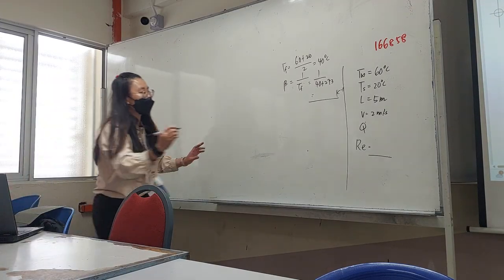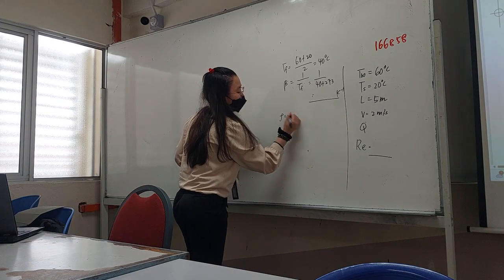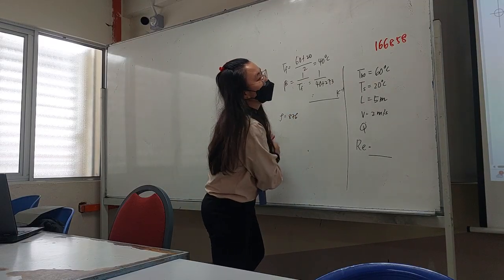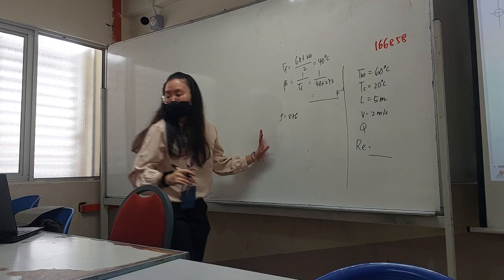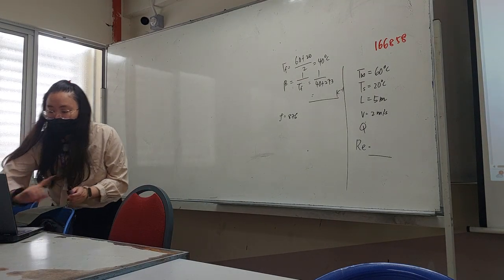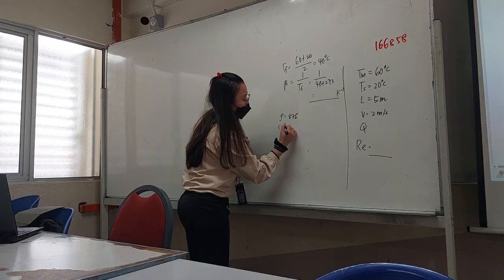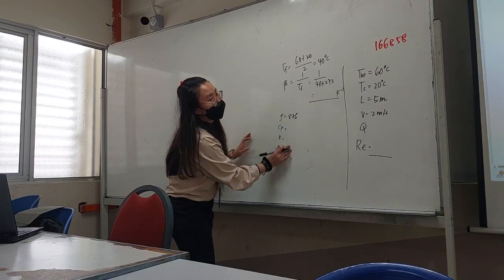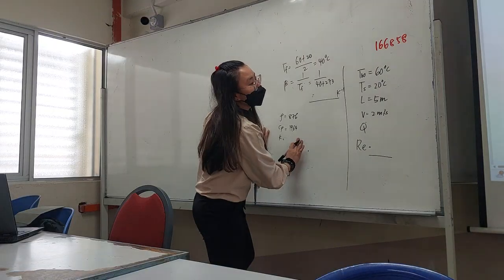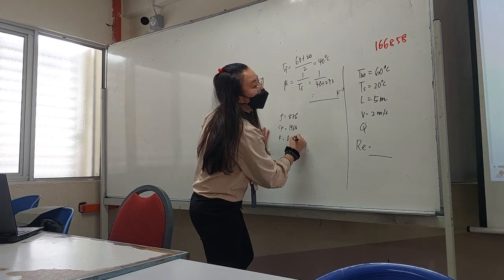So density 876, then the CP value and K value. Just copy the CP value 1964, K value 0.144.